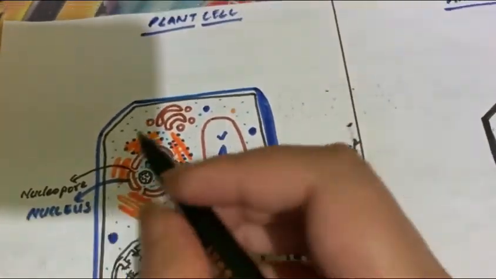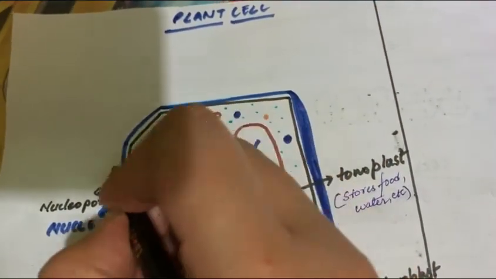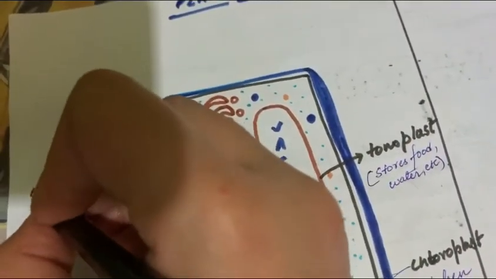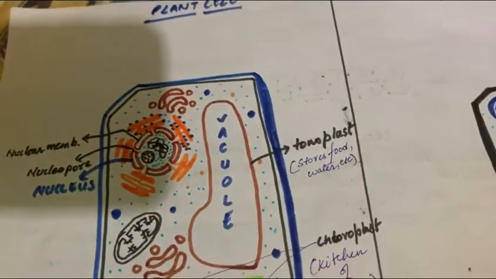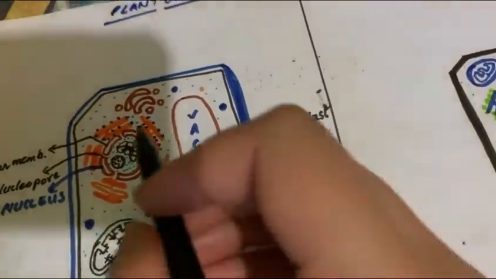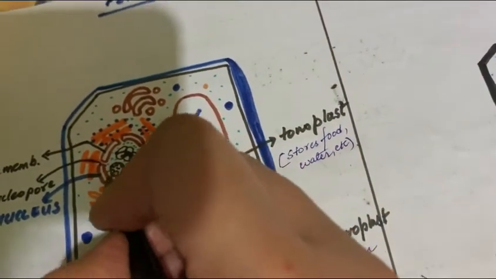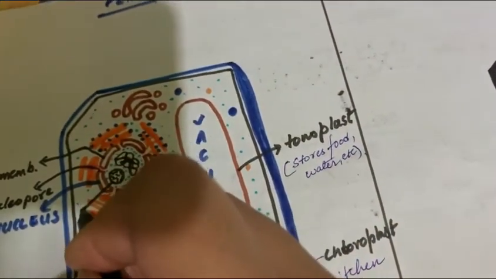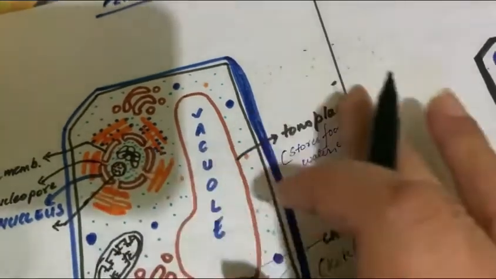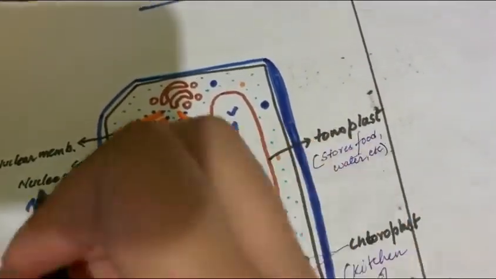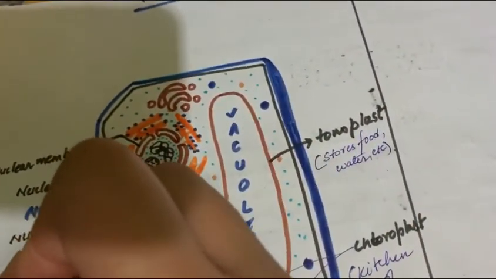And secondly, this structure is called the nuclear membrane. Whereas inside the nucleus, what is present? That is the nucleolus.